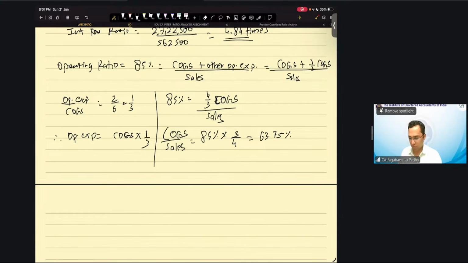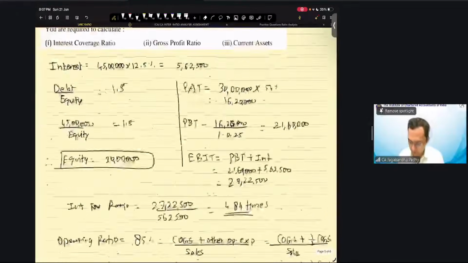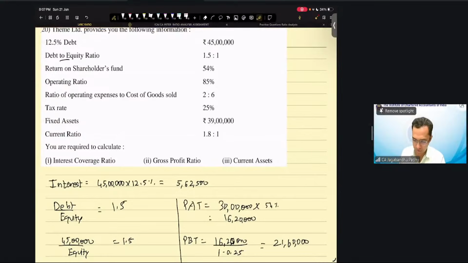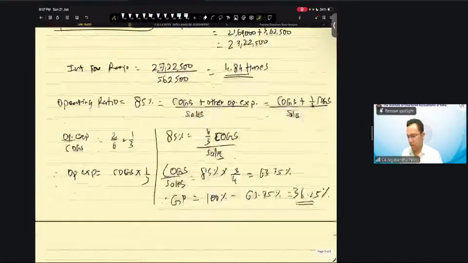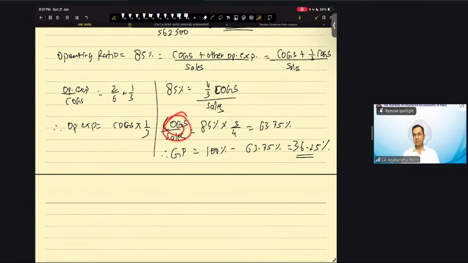63.75%. So of course, if COGS is 63.75%, therefore GP is going to be 100% minus 63.75%. So your GP is 36.25%. Gross profit ratio is working out to be 36.25, because we get this as a COGS ratio.